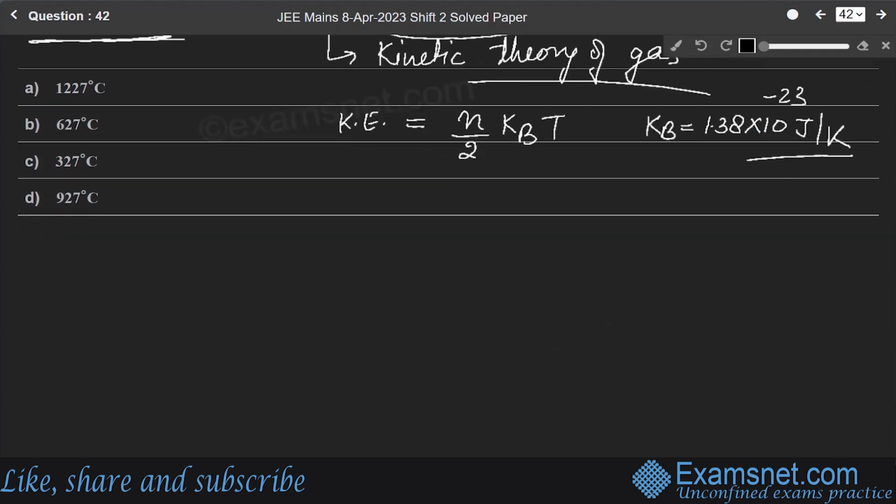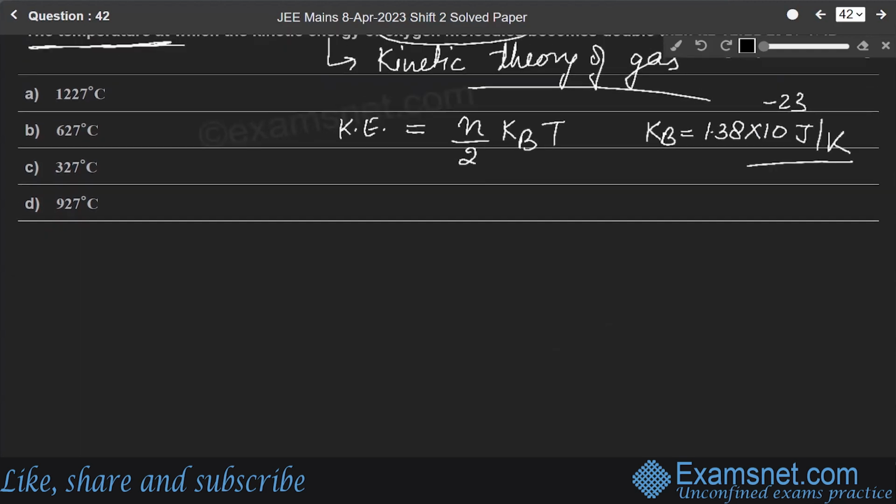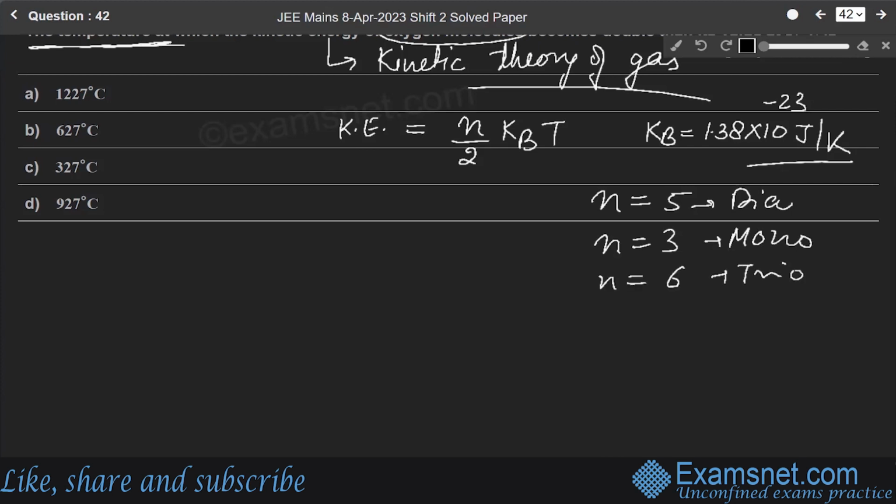Since it's a diatomic molecule, N value is 5. For monoatomic, N equals 3, and for triatomic, N equals 6. So for a diatomic molecule, the kinetic energy will be 5 by 2 kBT.